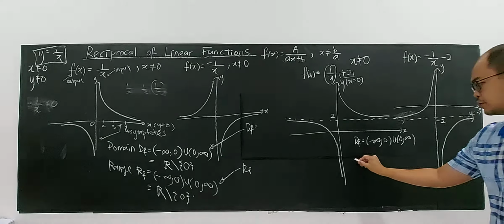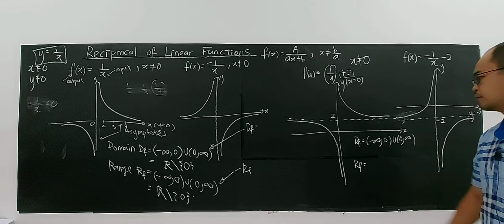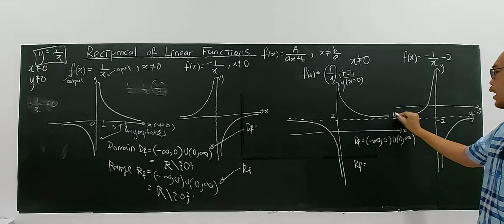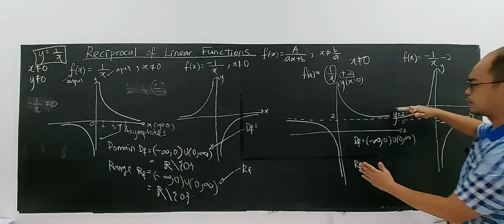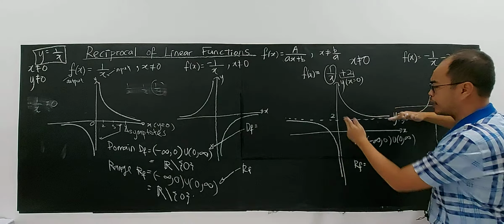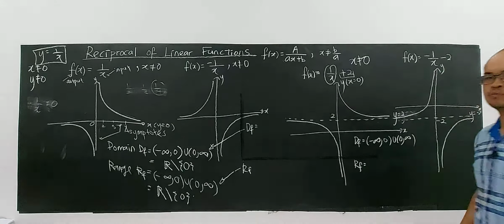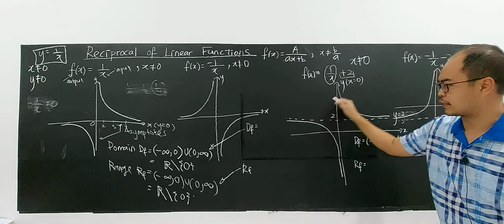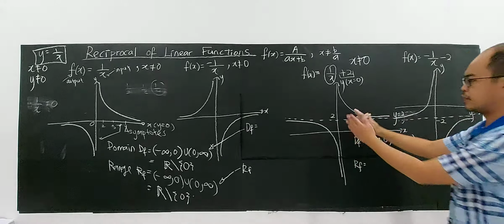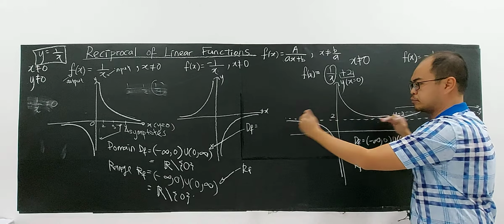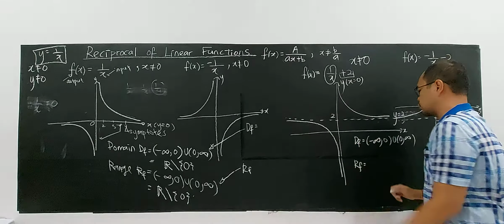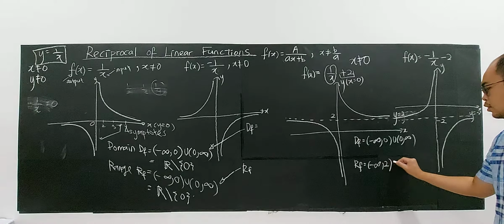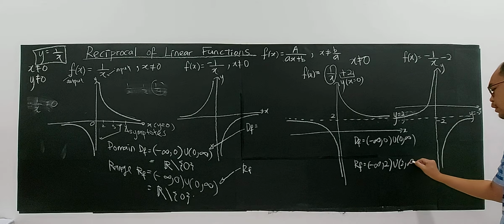And the range you can read from the graph, right? This is the asymptote. This is the line y equals 2. The graph won't touch the line y equals 2, which means y cannot be 2. So if you see the graph moving up and they're discontinuous here, the graph is breaking here, so they cannot accept y equals 2. So from here I write negative infinity up to 2 union 2 up to infinity.